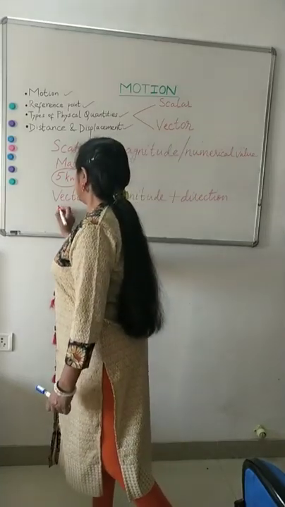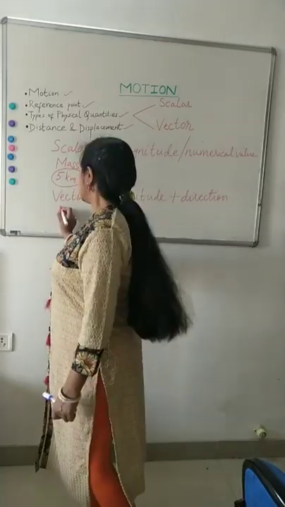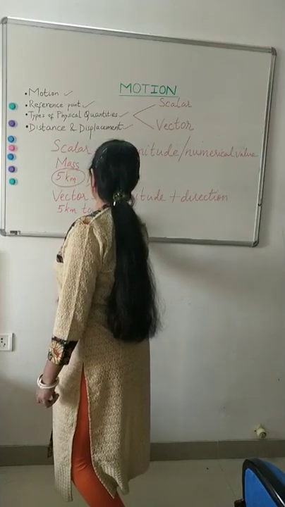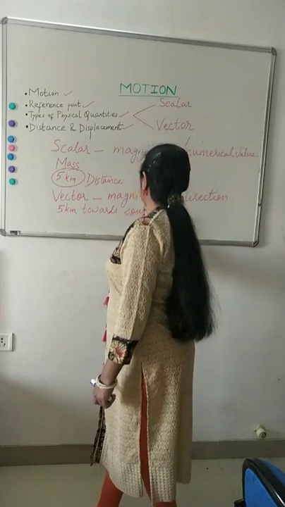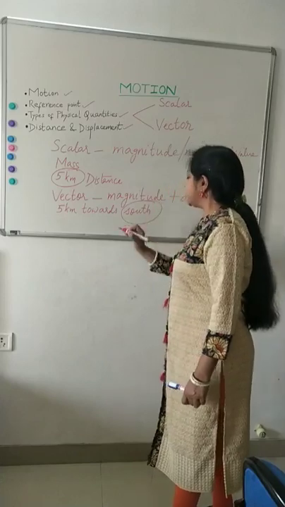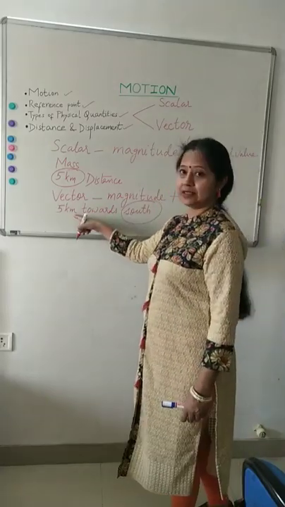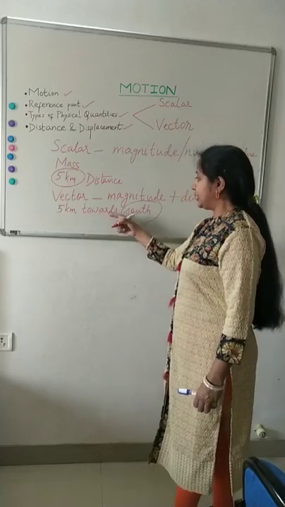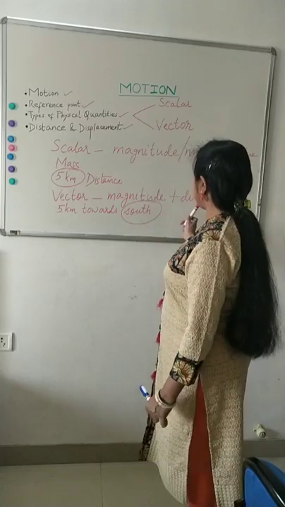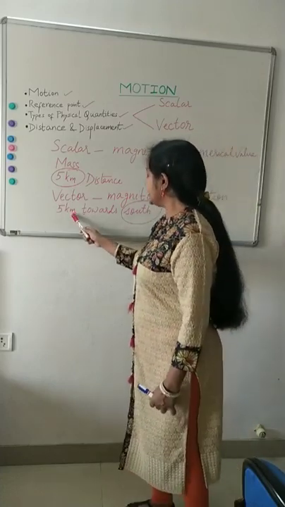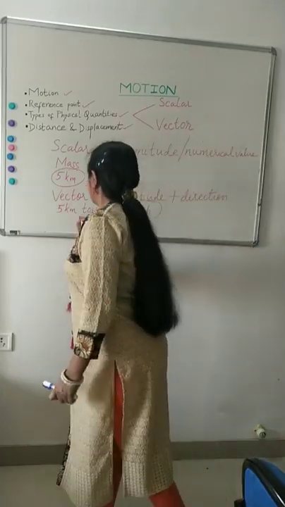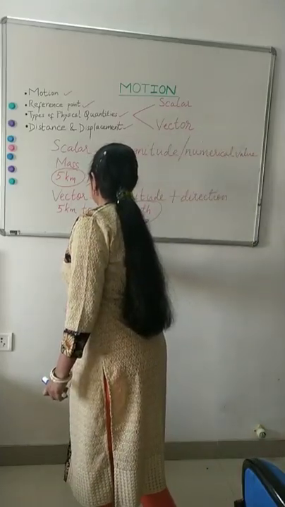Examples are, like if I say Raman travelled 5 kilometers towards south. So here, if you have noticed, we have mentioned a direction along with distance. So we are giving some additional information. So whenever magnitude is added with direction, and especially when distance is added with direction, we call it another physical quantity which is known as displacement.